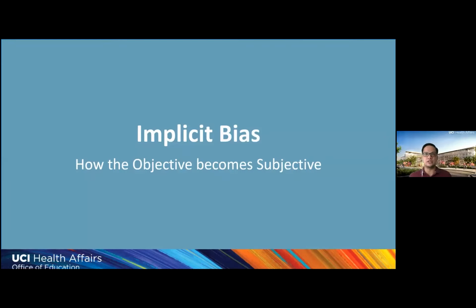The UC Learning Center has implicit bias training modules. It's something that is brought up a lot in everything from college admissions to law enforcement to literally how people walk up and down the street. It's something that's very pervasive in our lives, right?